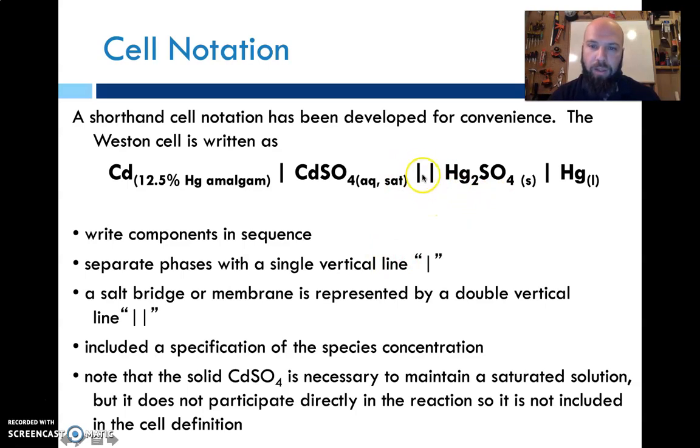Sometimes you'll put the salt inside this double line, or just indicate that there is some sort of separation between these two cells. And then on the other side you have the mercury sulfate and the mercury solutions. Note that the solid cadmium sulfate is necessary to maintain a saturated solution, but it does not participate directly in the reaction, so it is not included in the cell definition.